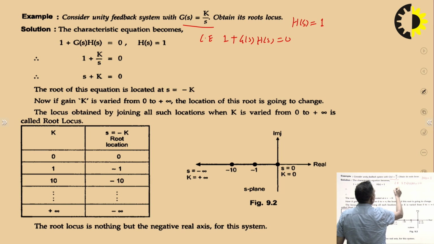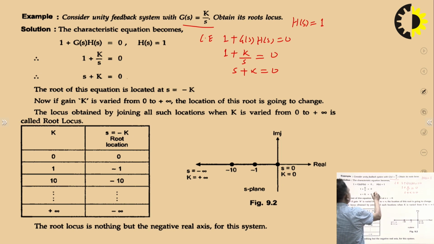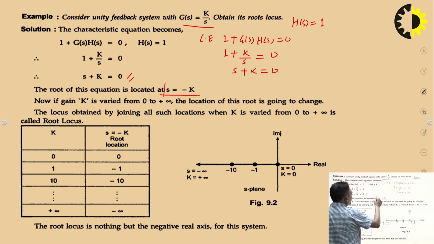Here H(s) equals 1 and G(s) is K by S, so 1 plus K by S equals 0, or S plus K equals 0. The root of this equation is located at S equals minus K.